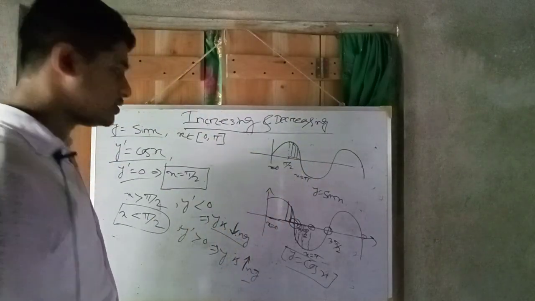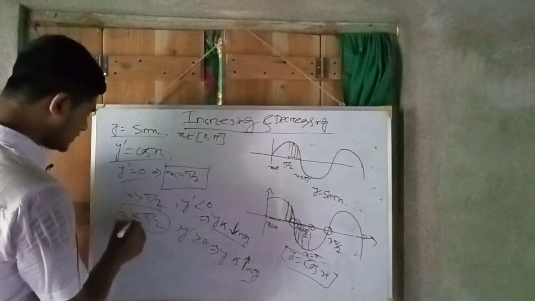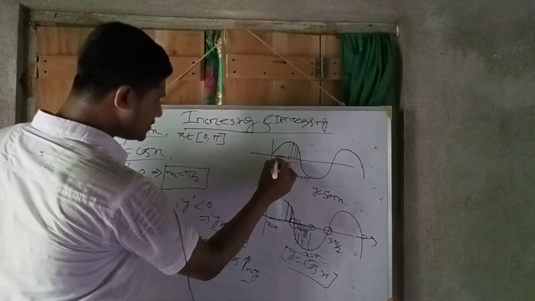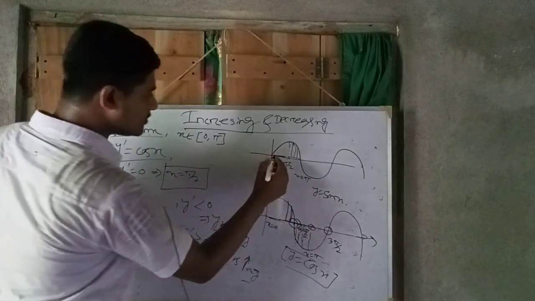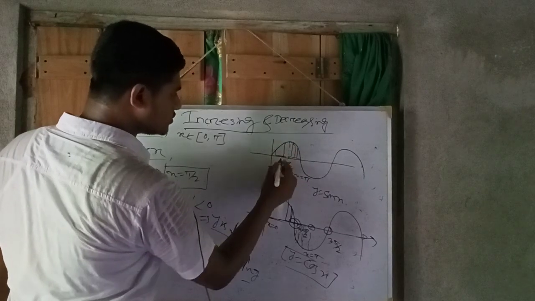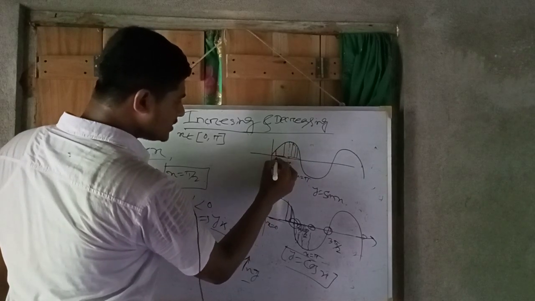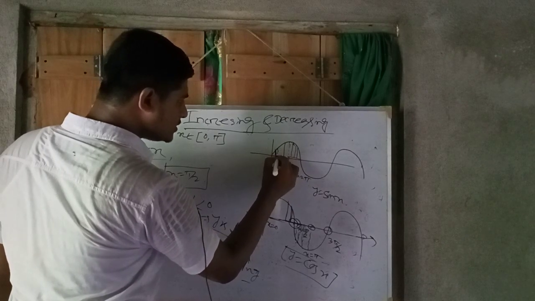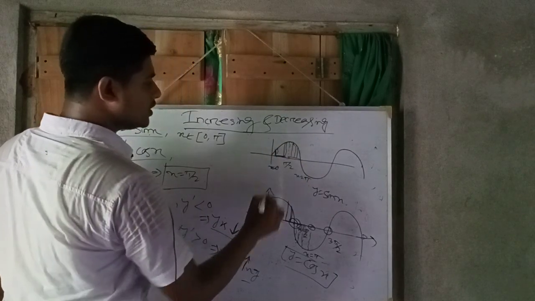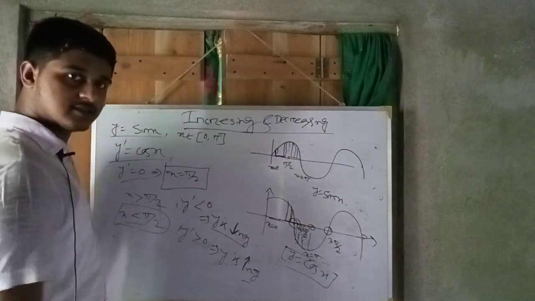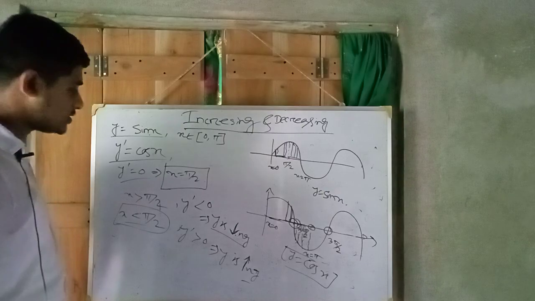When x is less than pi by 2, in this portion, y is increasing, because if this is x1 and this is x2, x1 is less than x2 and f(x1) is less than f(x2). This represents the definition of increasingness.